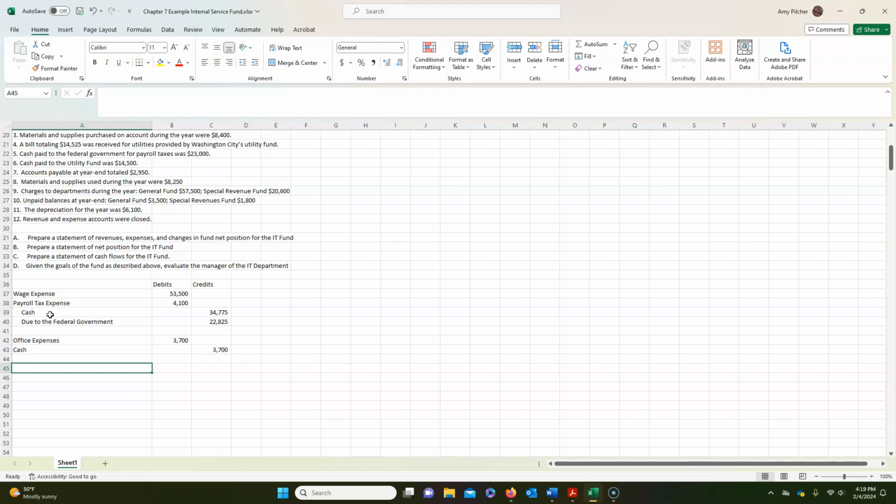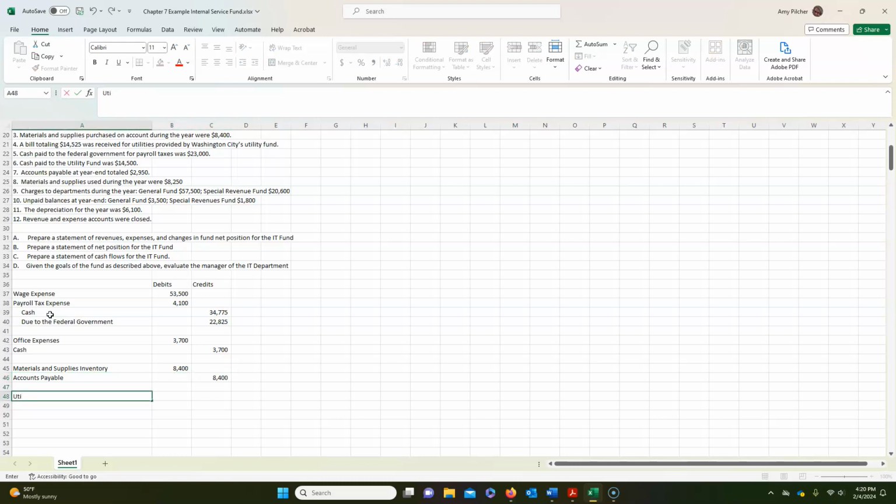So we used utilities from the state, from the government, and we are going to pay them. Oh, no, number 3 is materials and supplies purchased on account of $8,400, and that was on accounts payable.